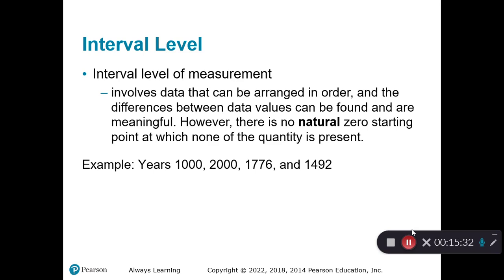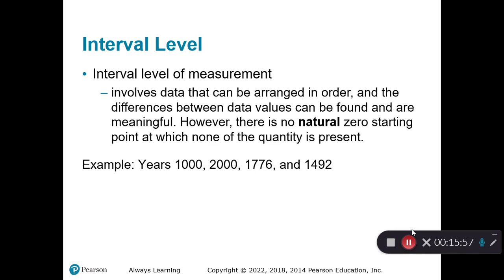Now there's still something that we are missing here in this third level, and that is there's no natural starting point. There's no natural zero. Nowhere where we can all agree the measurement begins. So in the case of years, if you think about the year 0, well, that's not when time began to be counted.